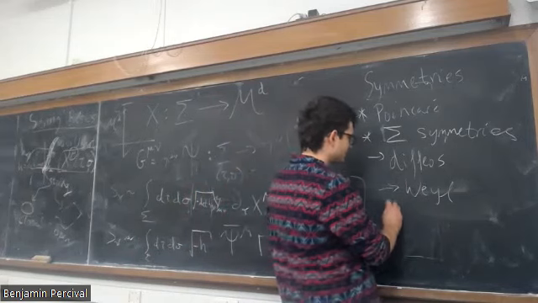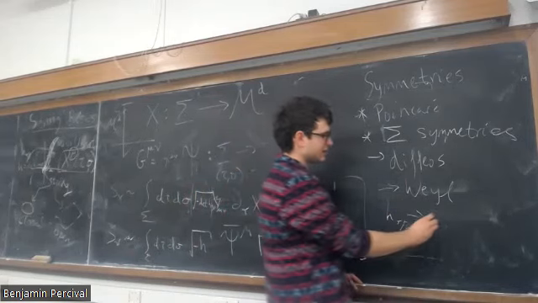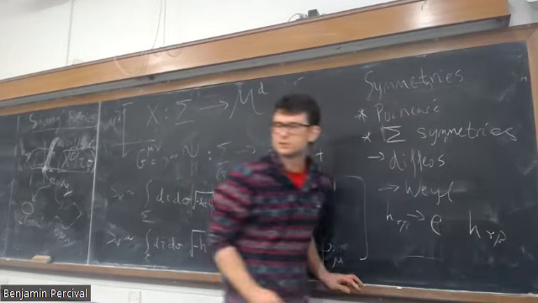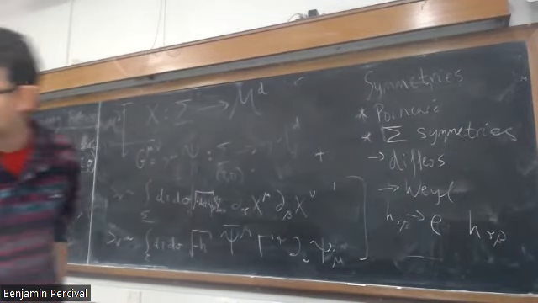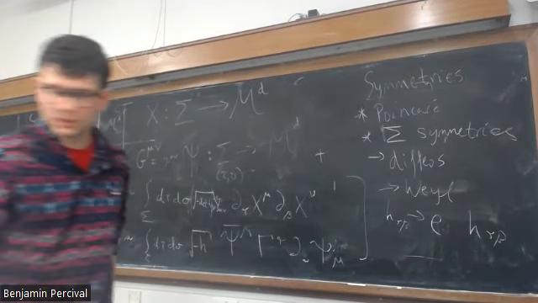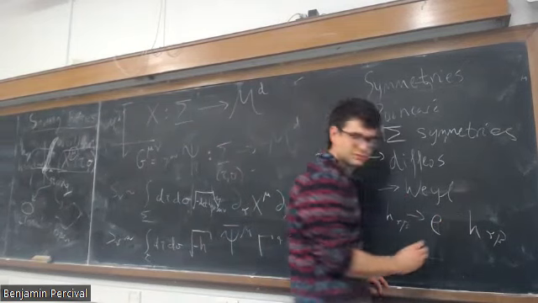So H alpha beta can be rescaled by an exponential, with some scale factor in the exponential, let's say, what should I call it?